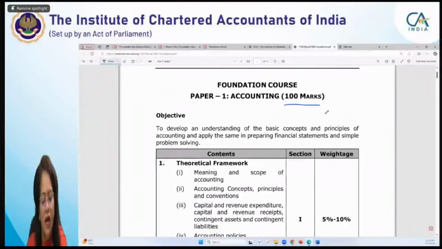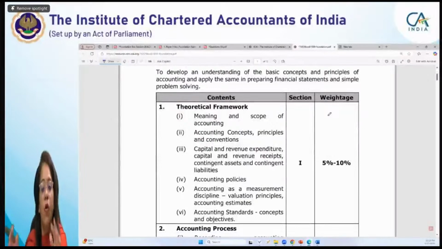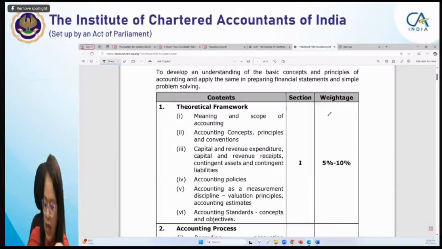Your paper will be of 125 marks, and one internal choice will be given. I'll tell you the structure of the paper. It will have 6 questions. The first question will be compulsory. Out of the other 5 questions, you have to solve 4 questions.